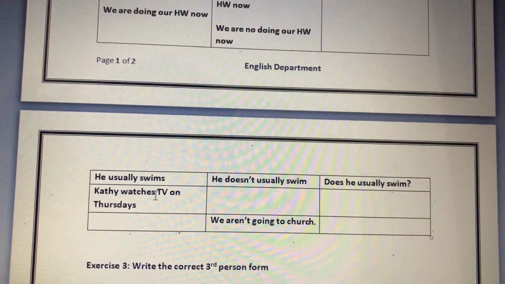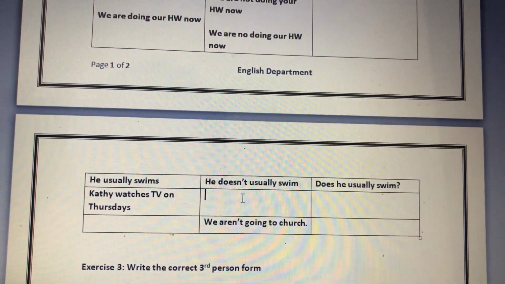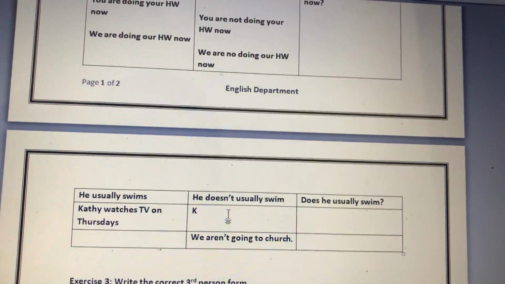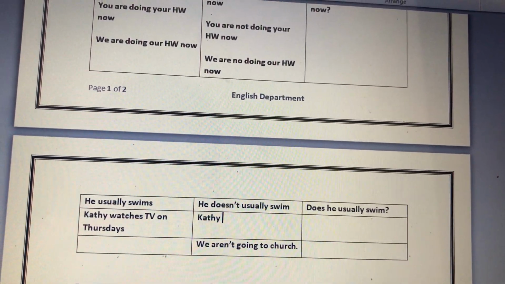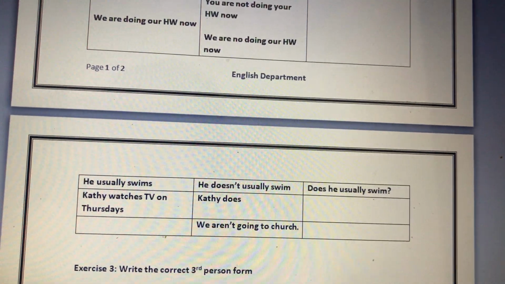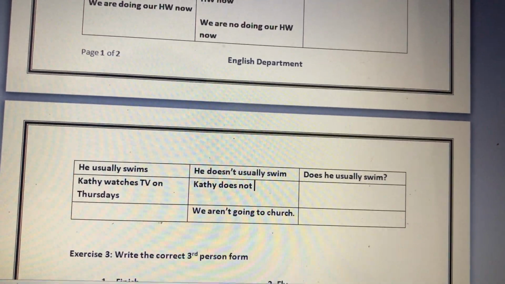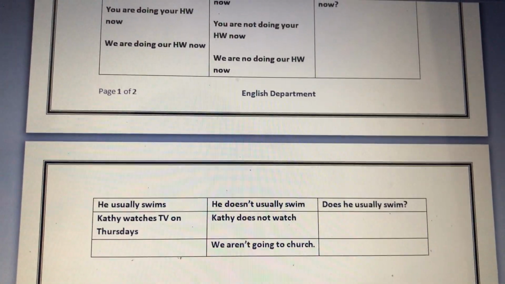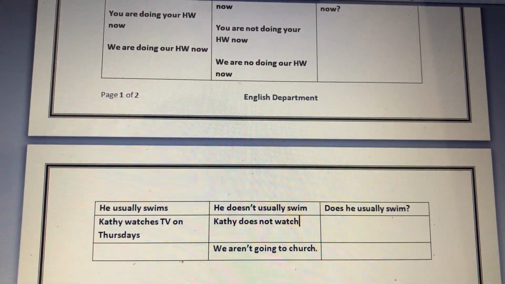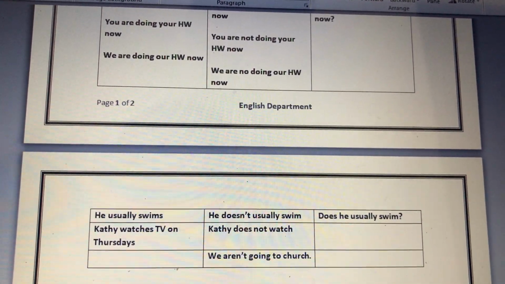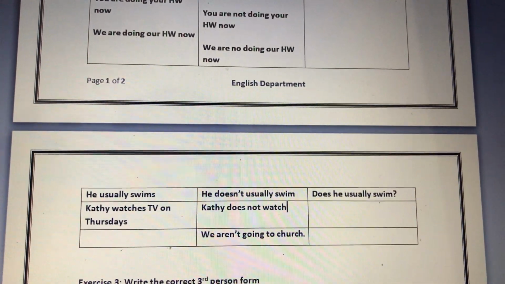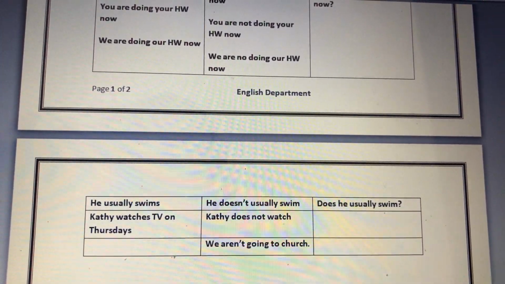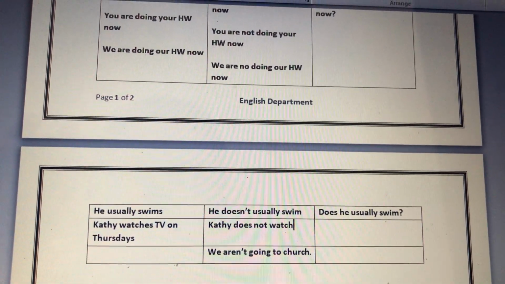Next, Kathy watches TV on Thursday. We'll make it in the negative form. This is a simple present sentence. Kathy does not watch. The verb has to come in the base form because we give the s to do in order to help the main word and to carry the s because it's heavy when it comes to the negative form.